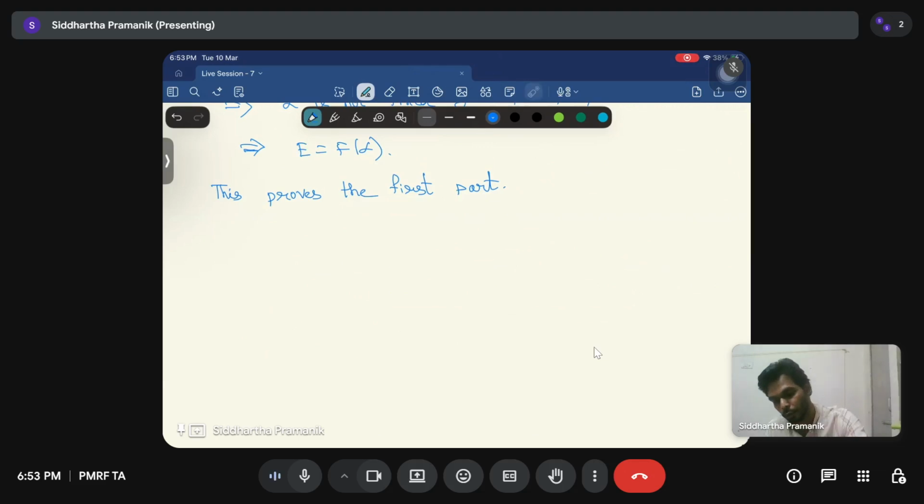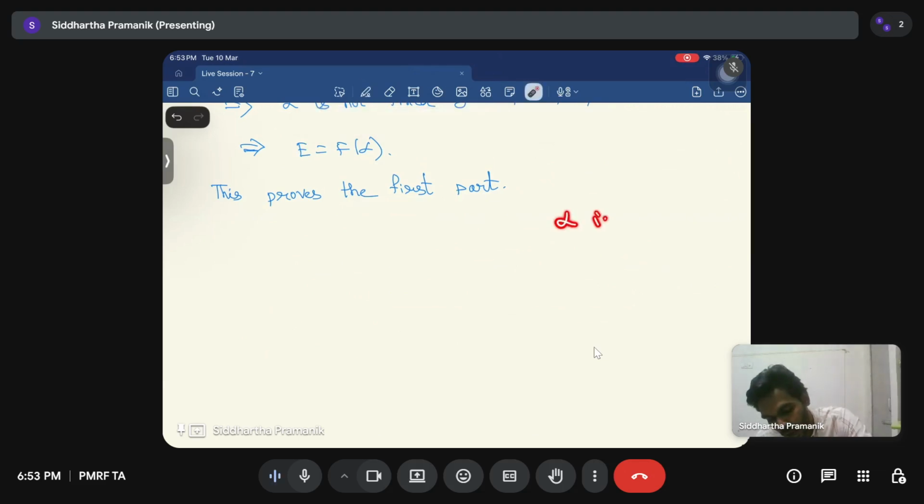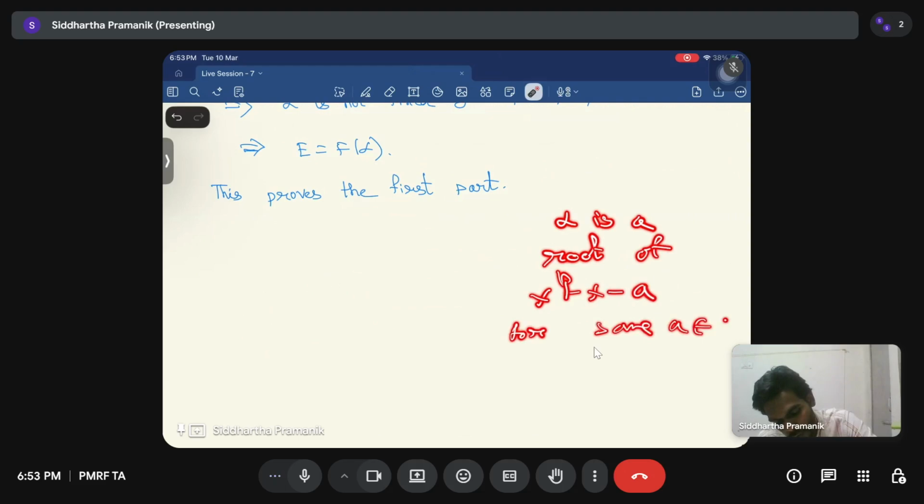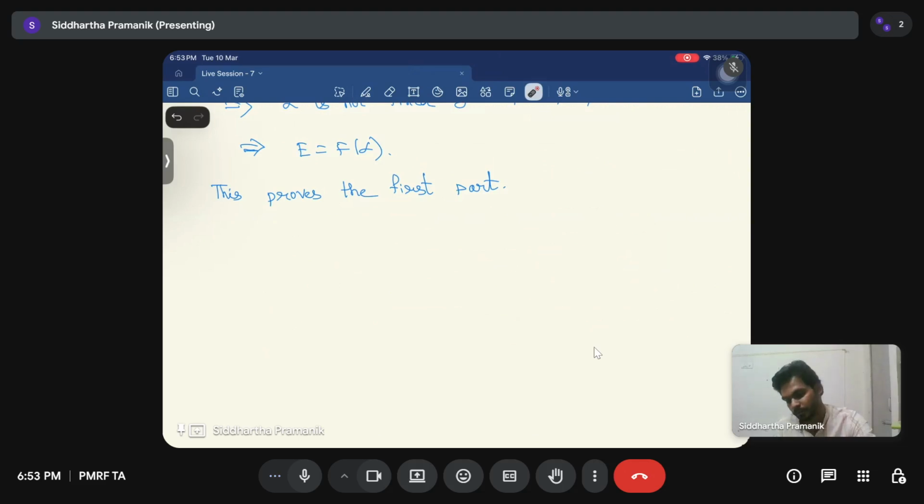So what we have to do, we have to prove that alpha is a root of the polynomial x power p minus x minus a for some a belongs to F. So let's prove this.